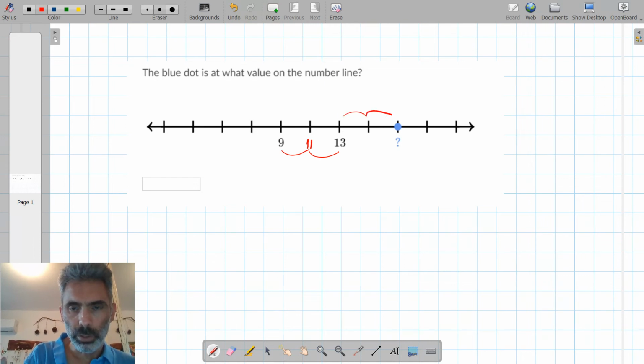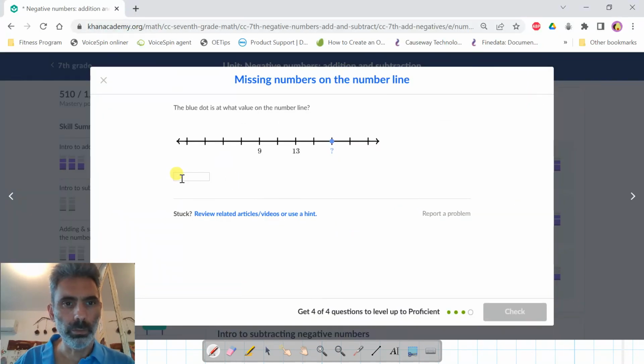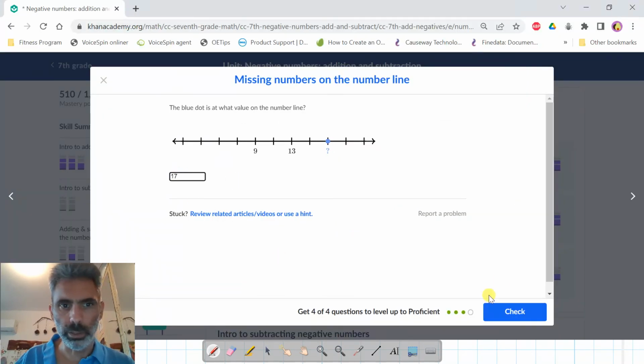If each hash mark represents an interval of 2, then 13 plus 4 is 17, and this will be 15. And of course we go to the right, so the values are positive, so the answer is 17.